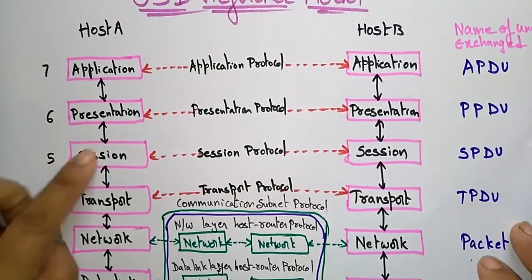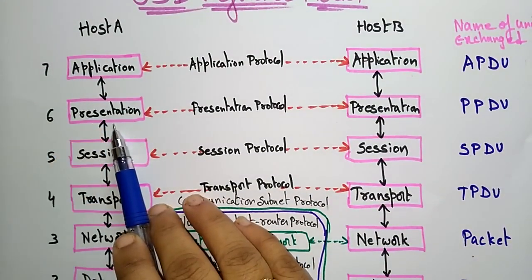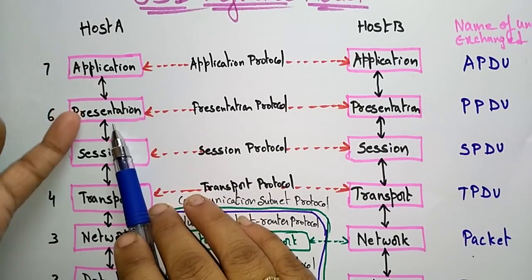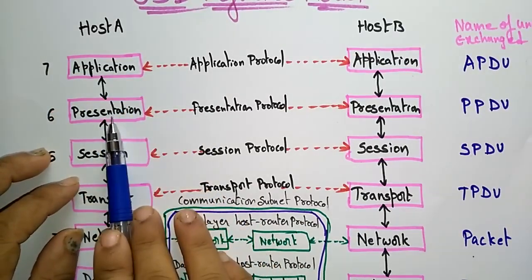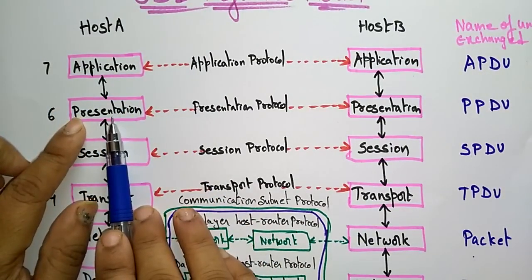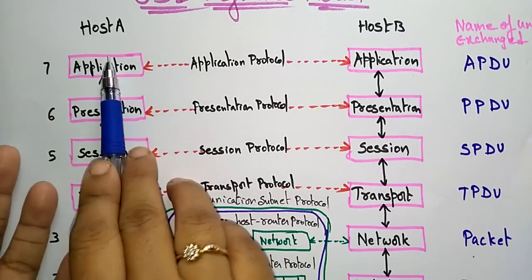Next is the presentation layer. The 6th layer is the presentation layer. The presentation layer is just a translation. Whatever information the application program is sending, here it is going to be translated, whatever code the application layer is sending, it represents in another form, another code.